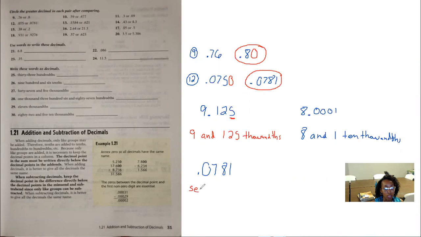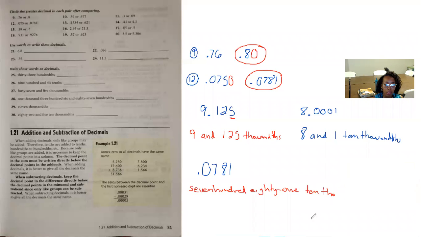I was just kind of conserving space. 781, and then like I said, tenths, hundredths, thousandths, ten thousandths. 781 ten thousandths. Okay. So again, no "and," you just start right in. 781 ten thousandths. All righty.